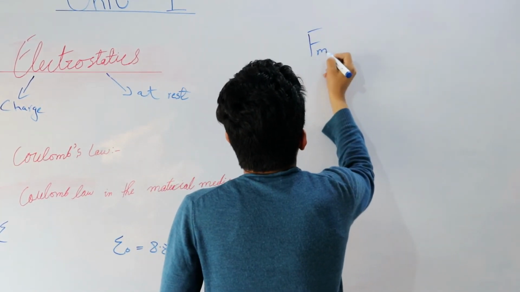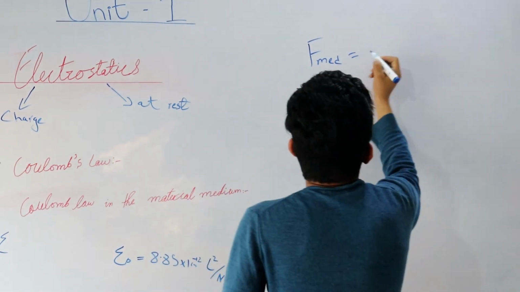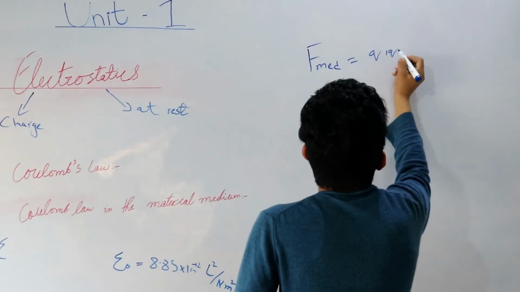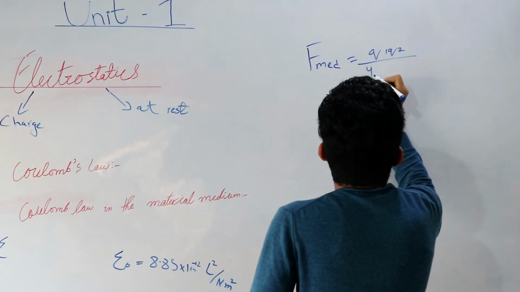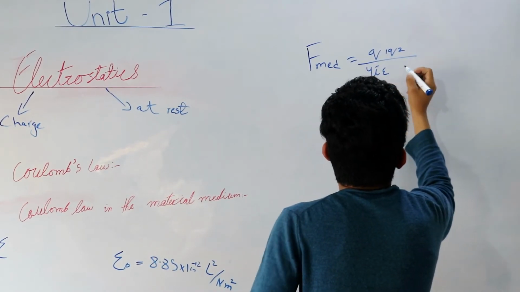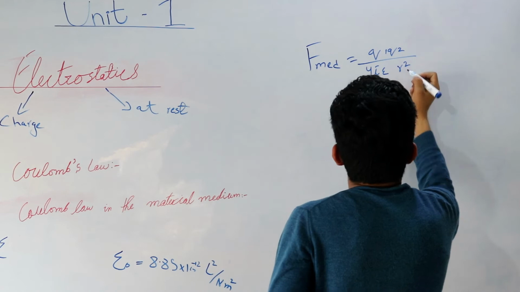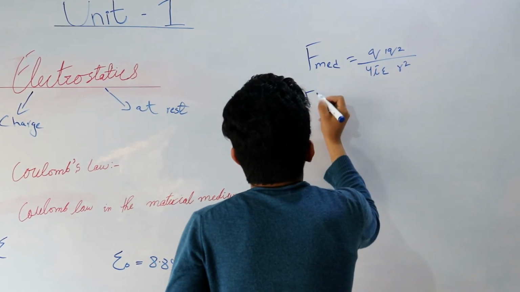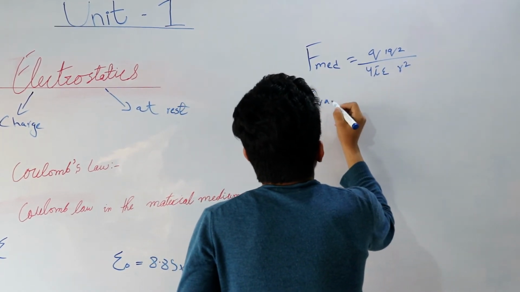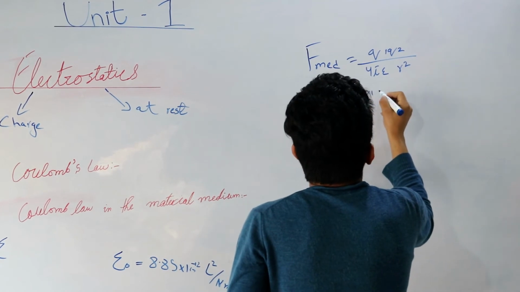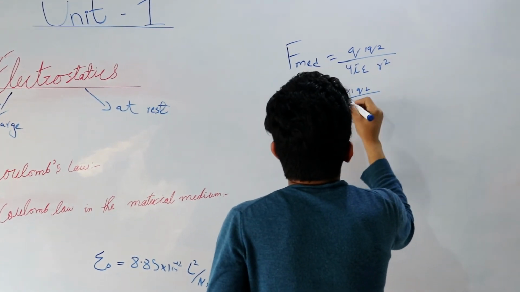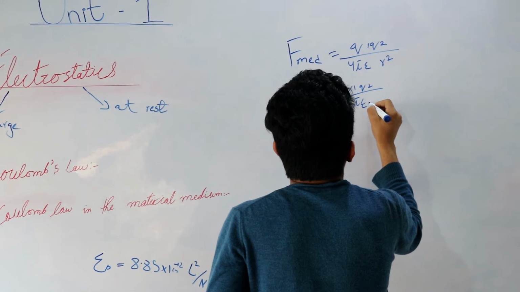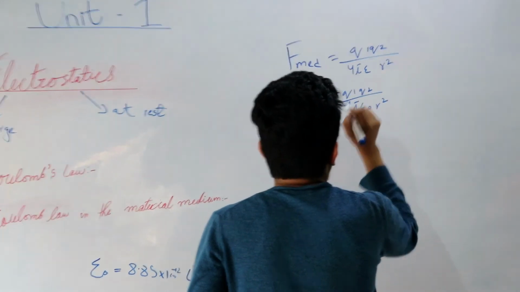Force in a medium is equal to Q1 Q2 over 4 pi epsilon r square, and in a vacuum it is equal to Q1 Q2 over 4 pi epsilon naught r square.